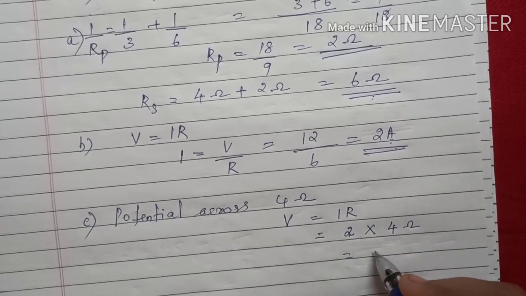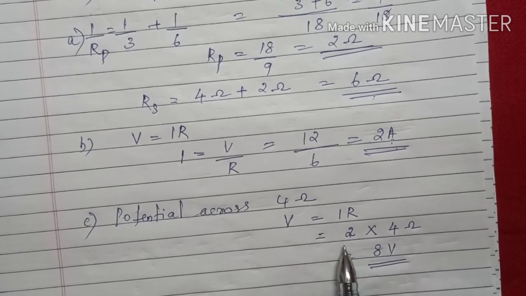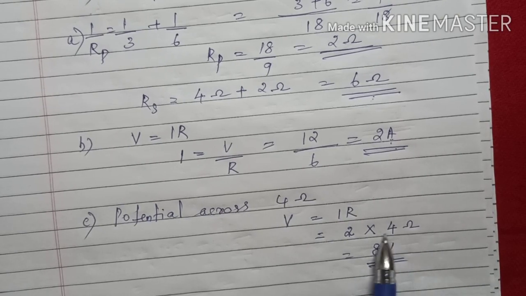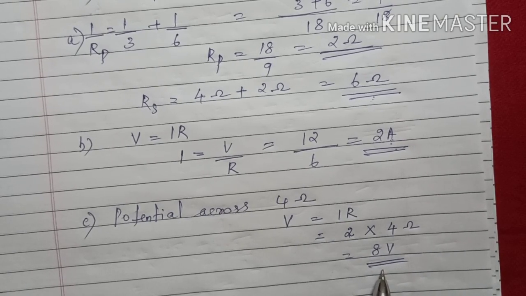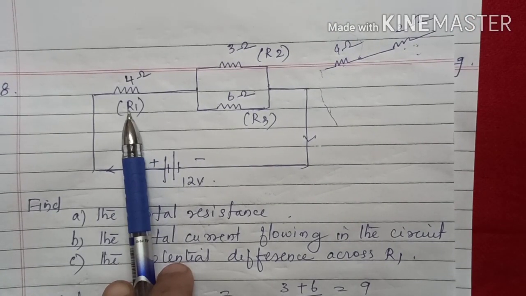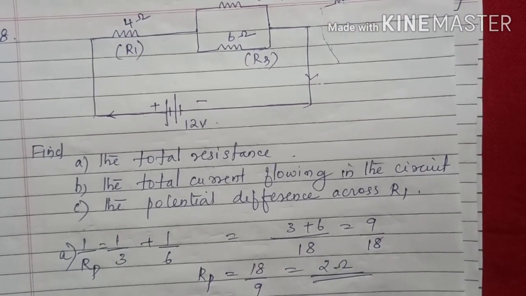Clear? So it is 8 volt. 2 into 4 will give you 8 volt. So an 8 volt potential difference is there across the resistor R1. Understand? So in this way you can find the calculations.